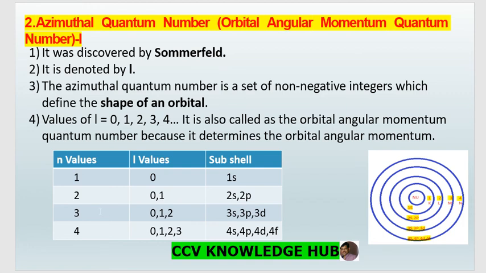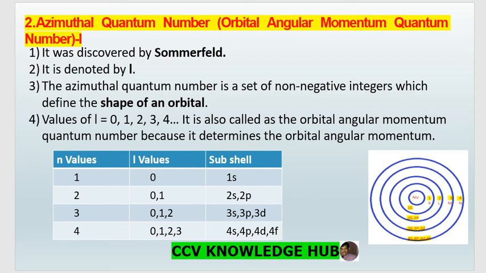For n equal to 3, there are 3 l values we can get, 0, 1, 2, and here 3s, 3p, 3d. And for n equal to 4, we have 0, 1, 2, 3 and 4s, 4p, 4d and 4f. So there are 4 different subshells we can find.